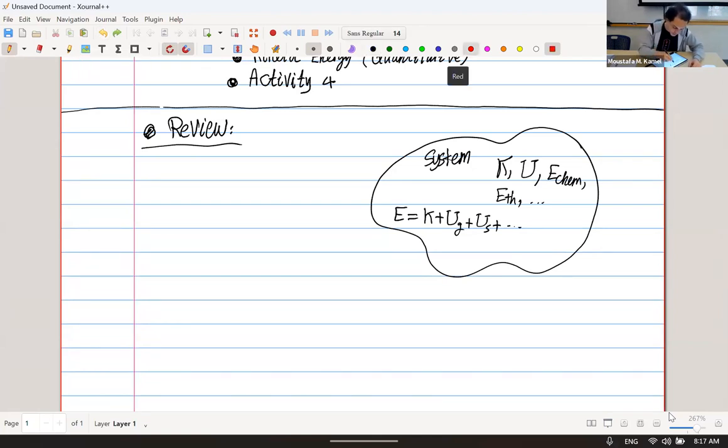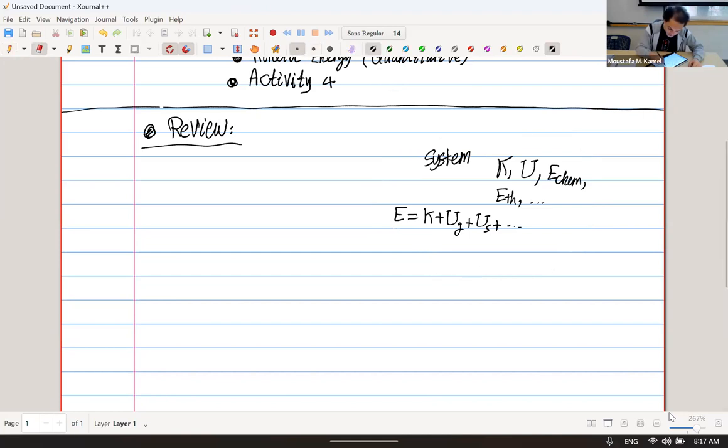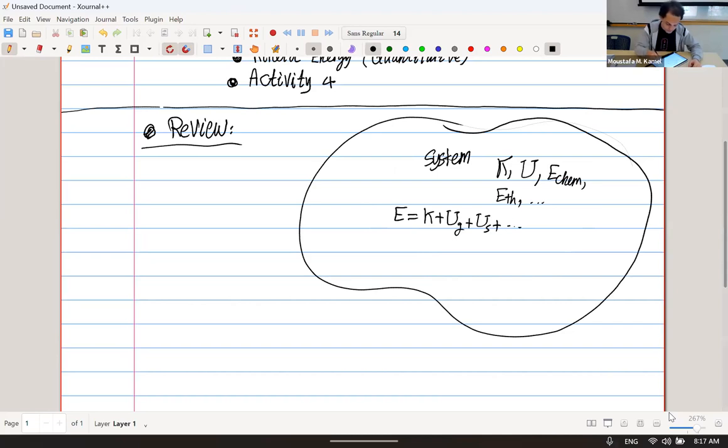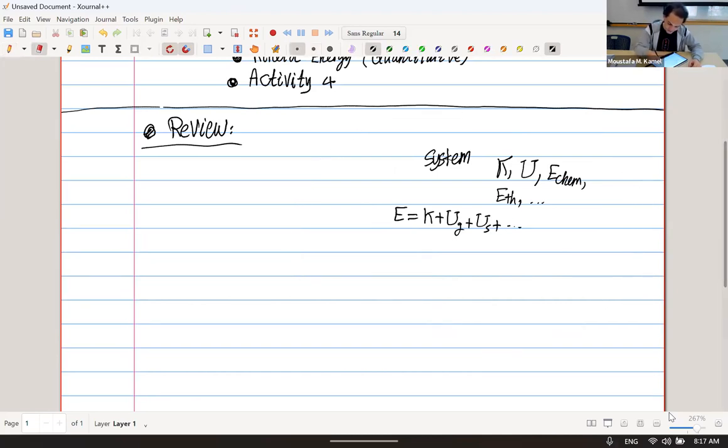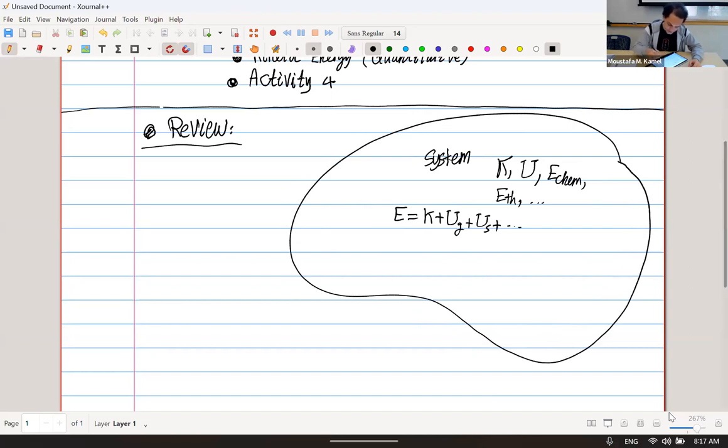So I think I need a bigger picture for my system. If we have kinetic energy, potential energy, chemical energy here, we denote the transformations of energy by these arrows.